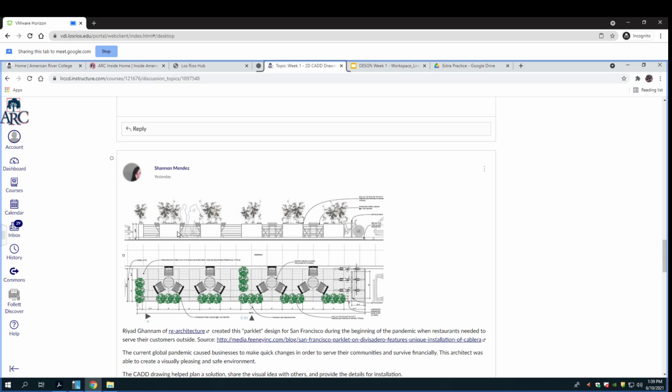So Shannon showed this one, and this is very, very typical. Sometimes we talk about things have to be exact and in place and perfect. Well, this is not. This is just a layout drawing, but it gets the point across beautifully, and this would be used for a planning submittal to get approval.